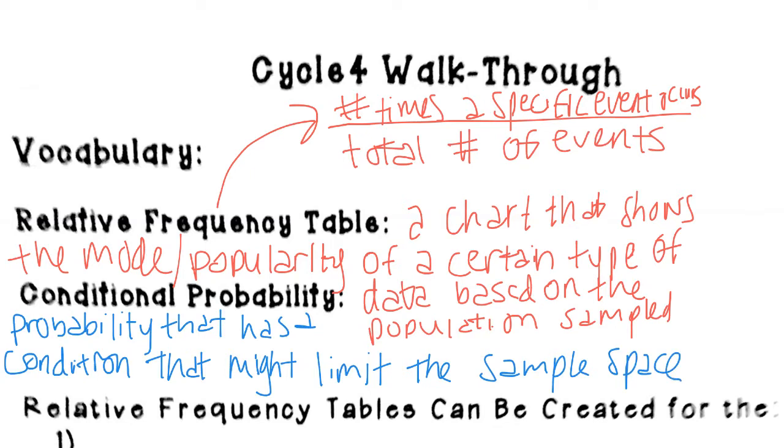So if we look at conditional probability, sometimes the word given is often talked about. So when we get to that, I will go over more about what it means for conditional probability.